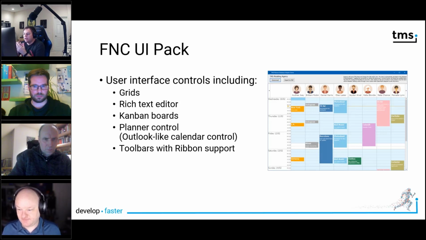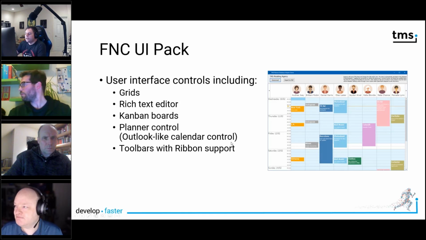Like, we have included grids, a rich text editor, we have more complex controls that really save a lot of time, because you have a whole Kanban functionality, or as you see here on the right, a planner control, which gives you, I always call it an Outlook-like calendar control, because immediately you associate, if you think of Outlook, this is the view you're thinking of.